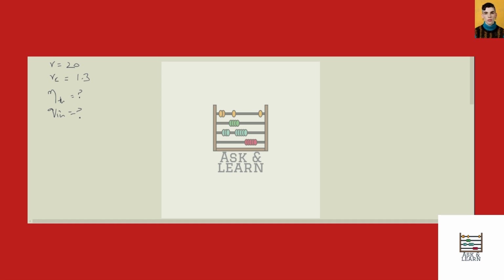In this question, the properties of air are also mentioned in the table: R is equal to 0.3704 ft³·psi/lbm·R, where Cp is equal to 0.240 BTU/lbm·R and Cv is equal to 0.171 BTU/lbm·R, where k is equal to 1.4.